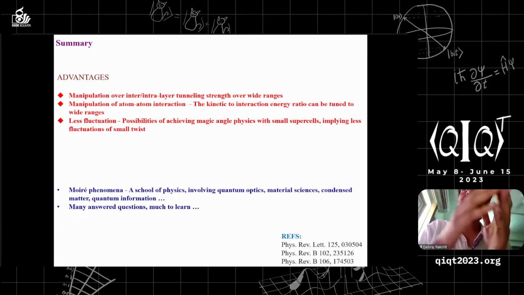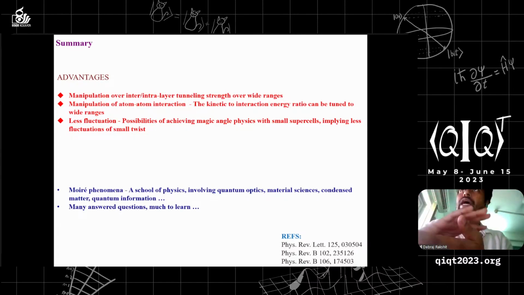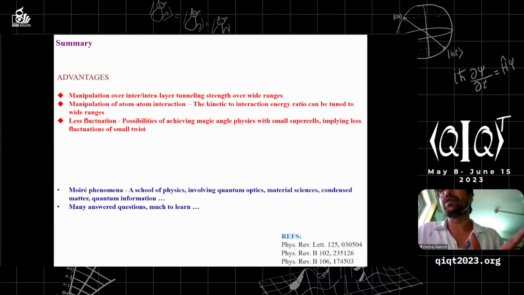I didn't talk about this, but when Lx equals 4 and Ly equals 4, we have a supercell. There are like 8 lattice sites in it. So we are not talking about 10,000 lattice sites in a single supercell. We are talking about a supercell which has all the possibility of giving us a similar kind of physics, but with only 8 lattice sites.